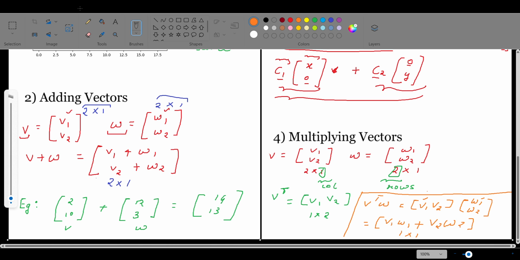It's just one element. And if you notice, the outer values of the two vectors we're multiplying are 1 and 1. So the resultant matrix or vector has the number of rows in the first vector and the number of columns in the second vector.